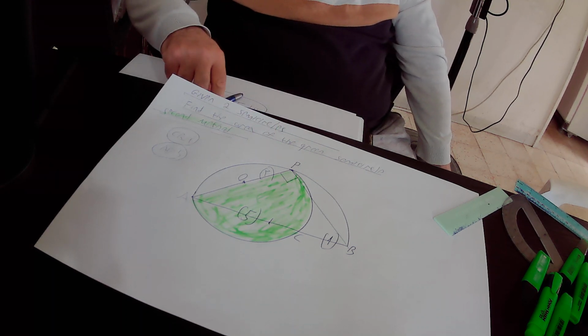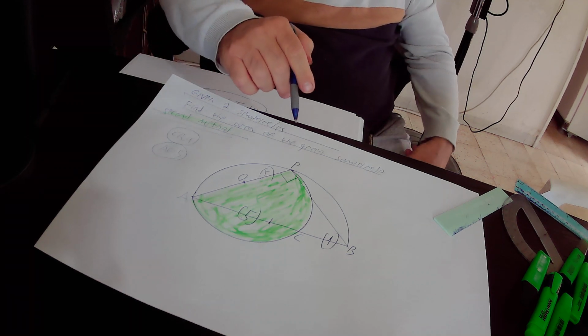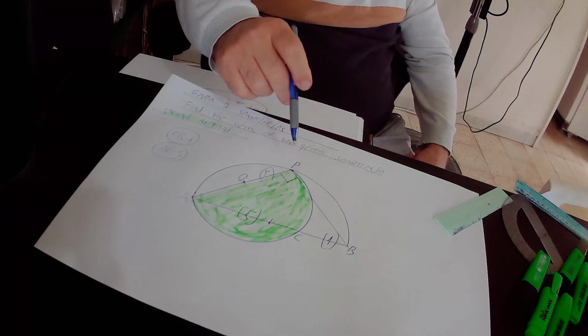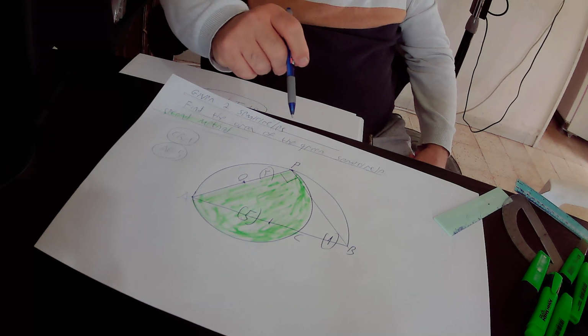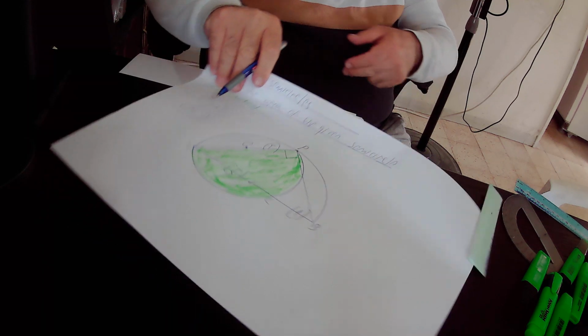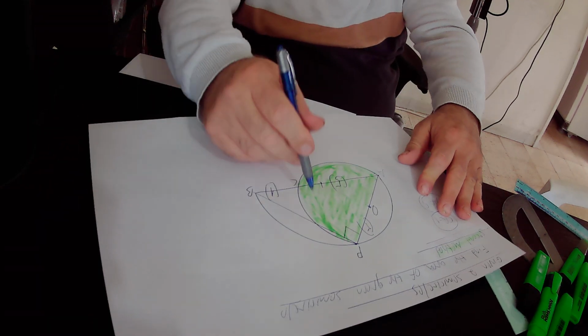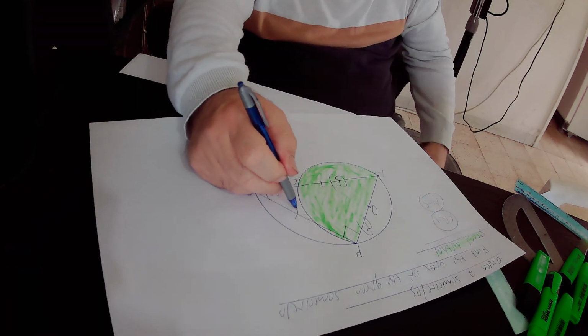So I write it down. We found that this line segment PB is tangent to this green semicircle at point P. So line segment PB is defined as a tangent to this green semicircle.